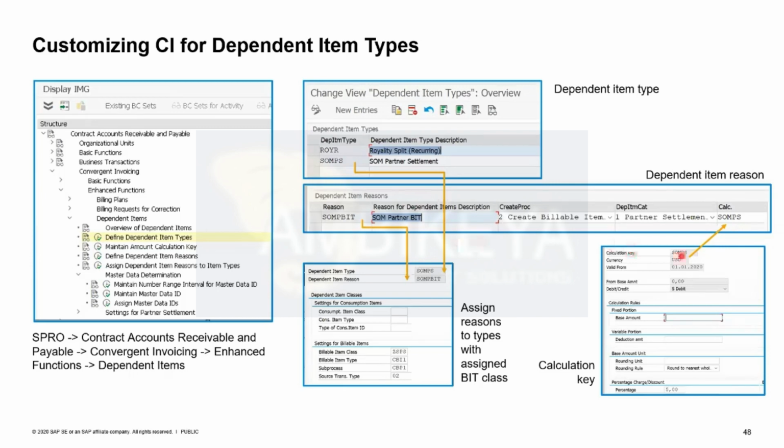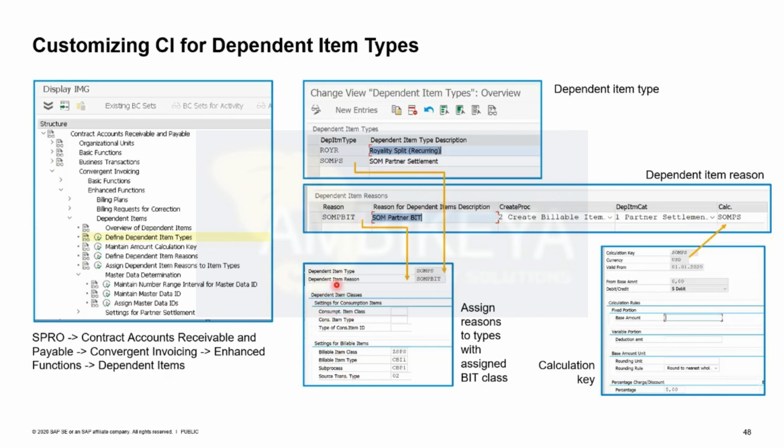Here, instead of that, we have a calculation assignment, where it says like 5% has to go to a partner based on the customer data. So the calculation key will be linked to a dependent item type reason, and the dependent item type is assigned to a reason.